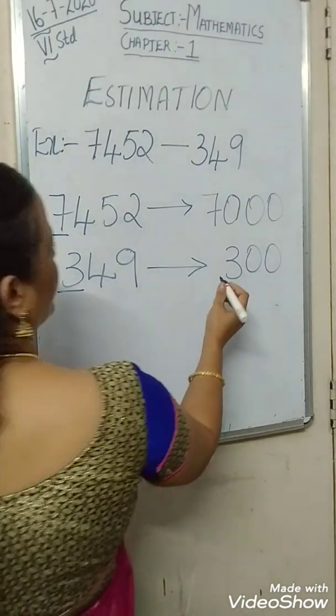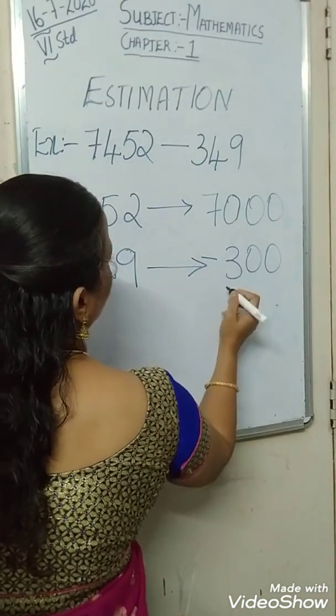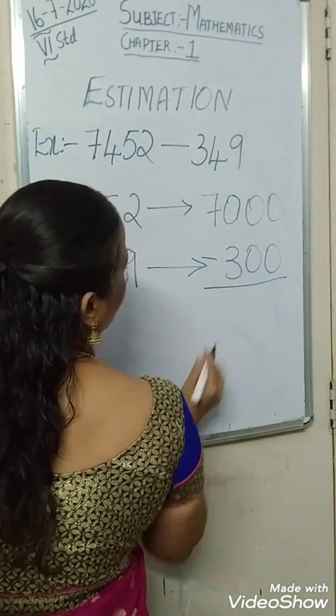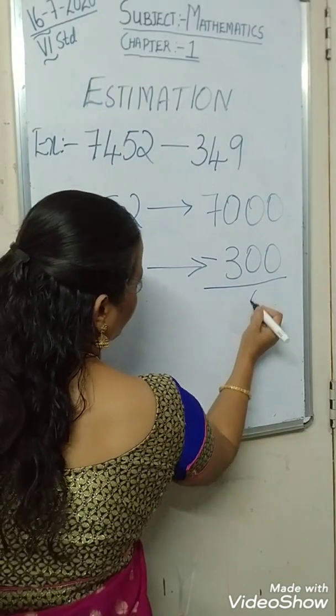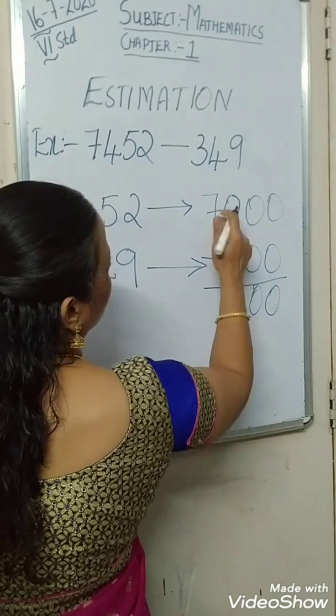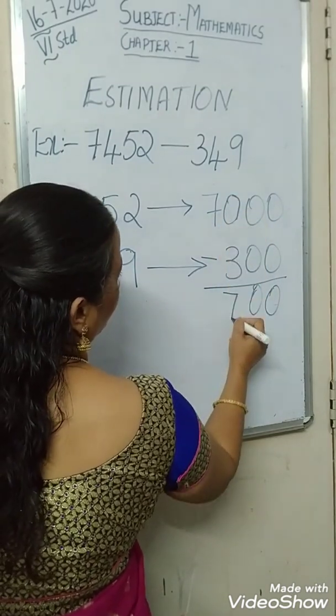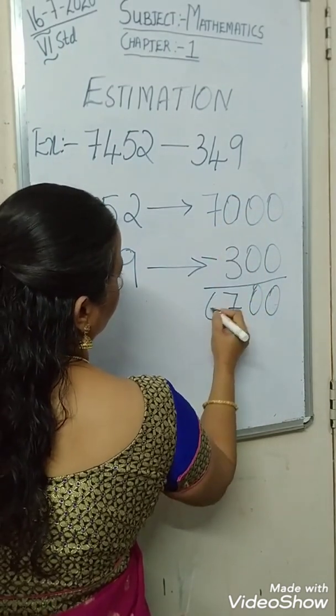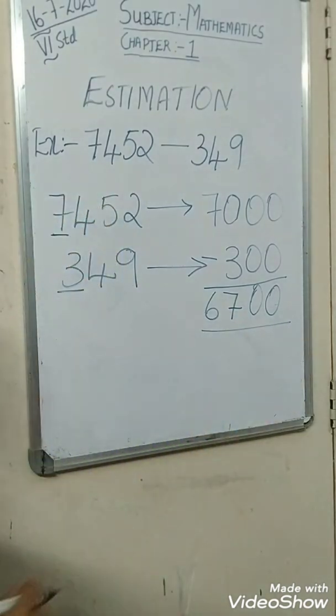So, now let us subtract. When we subtract 7000 and 300, we get the answer as 0, 0 here. Here it is 7 and here it is 6. So, the answer is 6700. Did you understand?